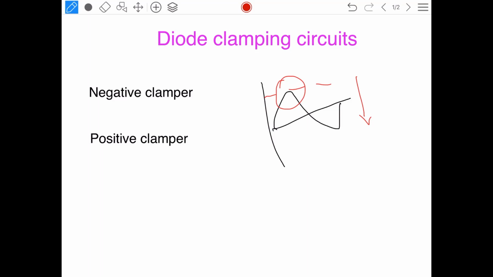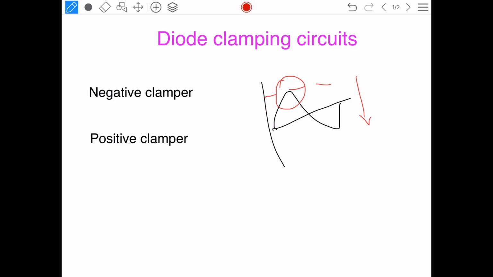Simple hint: always, the clamping voltage for a negative clamper is on the positive peak. I will repeat, the clamping voltage of a negative clamper is on the positive peak. The clamping voltage for a positive clamper is on the negative peak. See, if I want to lift something up, I will hold the bottom part and lift it upwards, right?